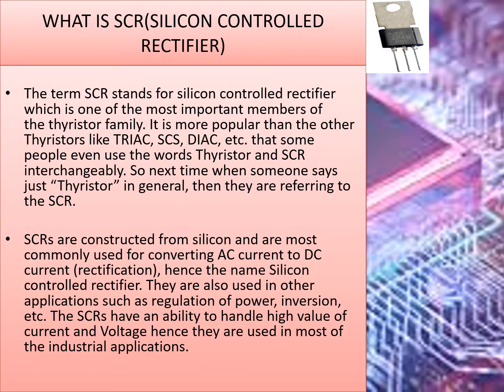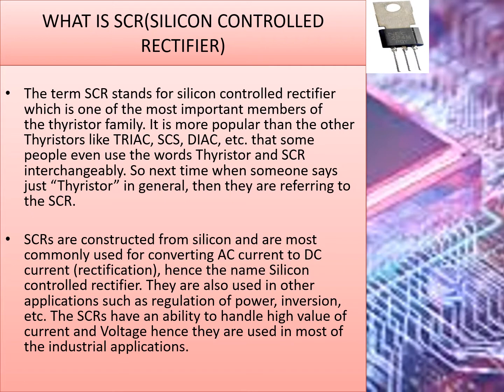And now I will explain about what is SCR, which is silicon controller rectifier. The term SCR stands for silicon controller rectifier, which is one of the most important members of the transistor family. It is more popular than other transistors like SCS and DIAC that some people even use the words transistor and SCR interchangeably. So next time when someone says just transistor in general, then they are referring to the SCR.